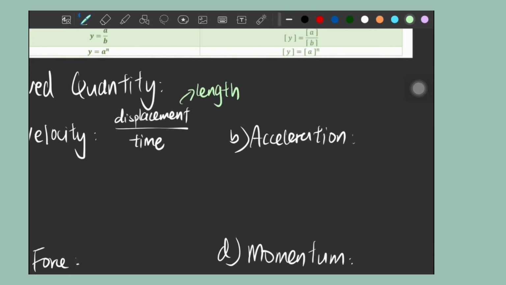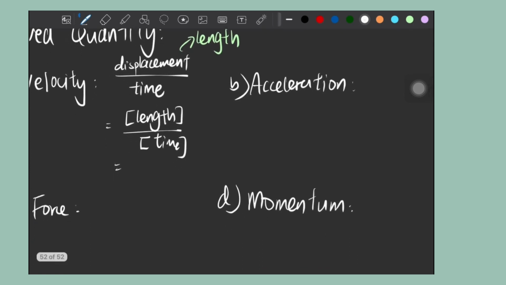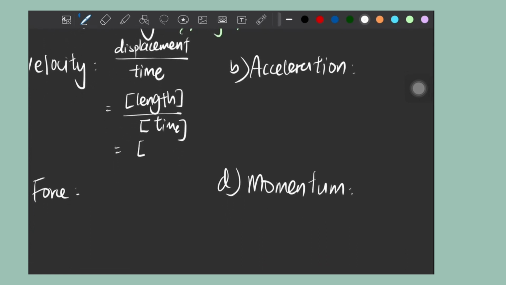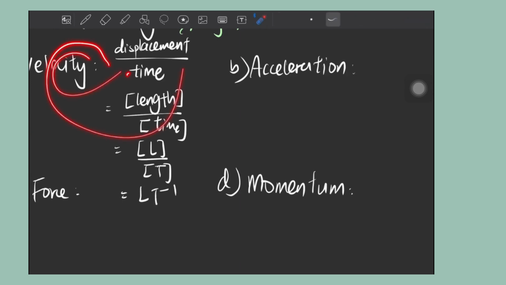So we use the basic quantity of length over time. We use the symbol of dimension to denote it: L over T, and the final dimension will be LT minus 1. So that is how we determine the dimension of velocity.